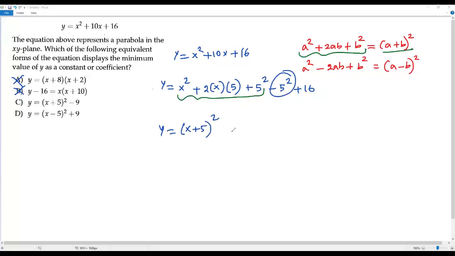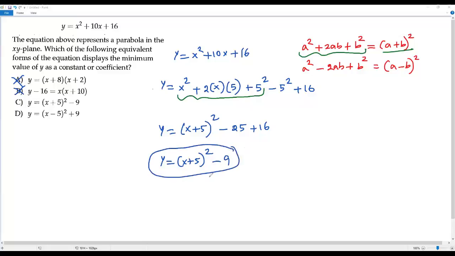And we have one negative 5 squared. The negative stays as it is, because the square applies only to 5, and the value of 5 squared is 25. So y equals (x plus 5) whole squared minus 25 plus 16, which simplifies to negative 9. Now I have the given quadratic function in vertex form, which displays the minimum value of y. The minimum value of y is negative 9. We find this vertex form in option C. So the correct answer choice for this question is option C.